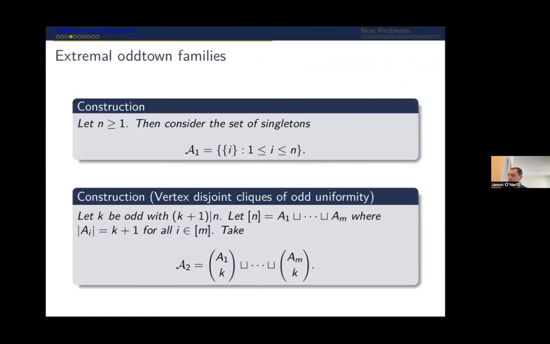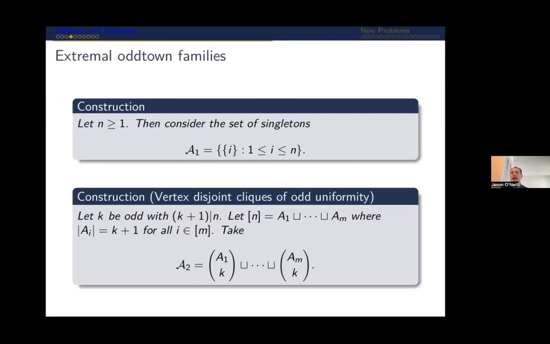You can also take vertex disjoint cliques of odd uniformity. So I can partition my ground set into sets of size k plus 1. And on each set, I'm going to take all size k subsets. So this requires some divisibility condition on n.